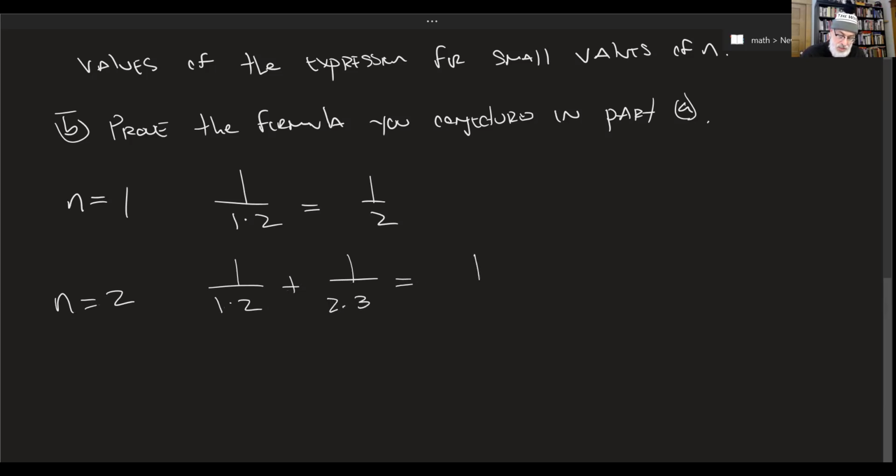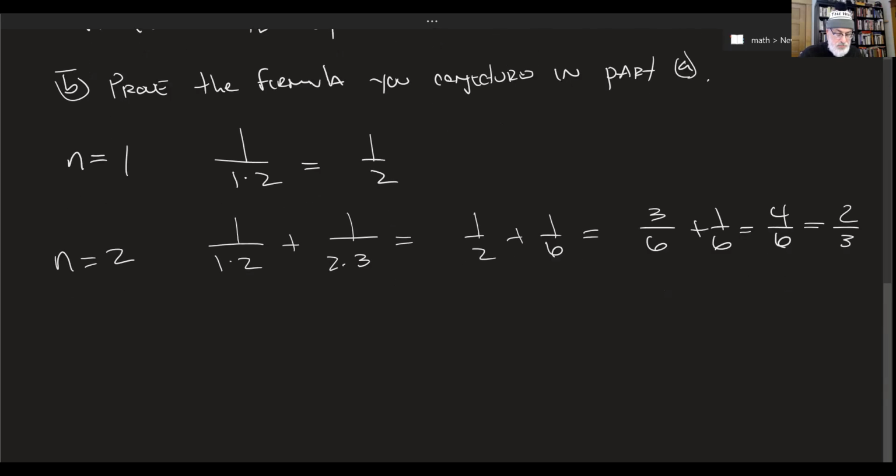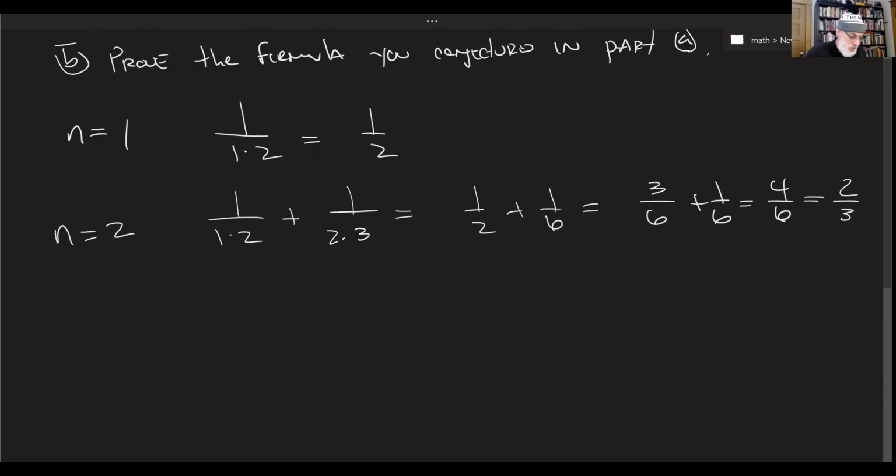So that is 1/2 plus 1/6, which, if we are thorough, will be 3/6 plus 1/6, which will be 4/6. 4/6 will reduce. I think it'll be easy for us in the conjecture part if we have something reduced. So 2 goes into 4 2 times, 2 goes into 6 3 times. Let's do a couple more.